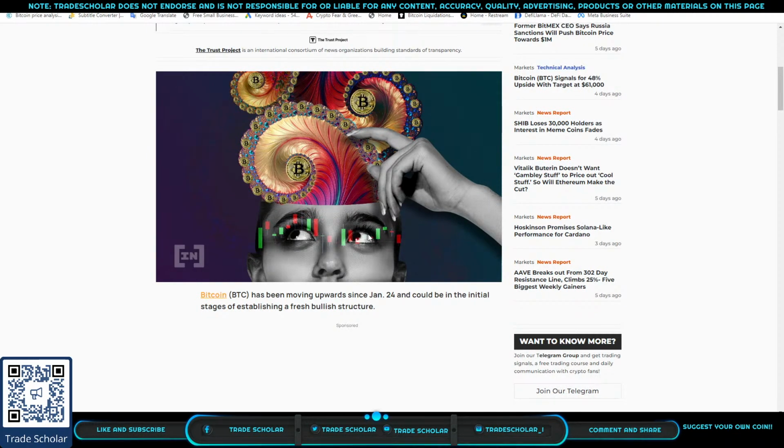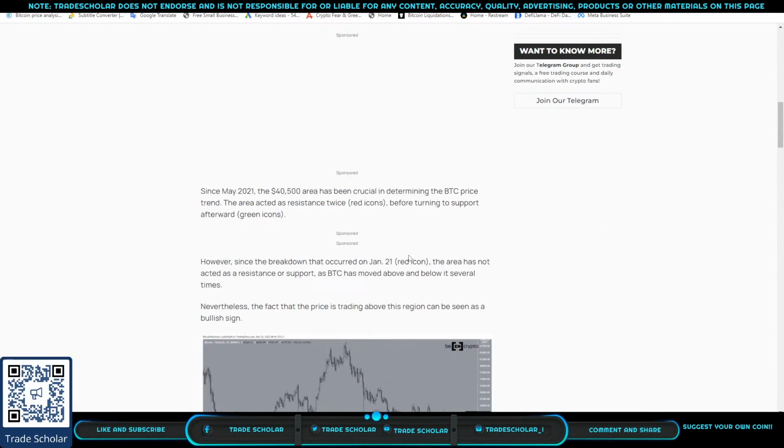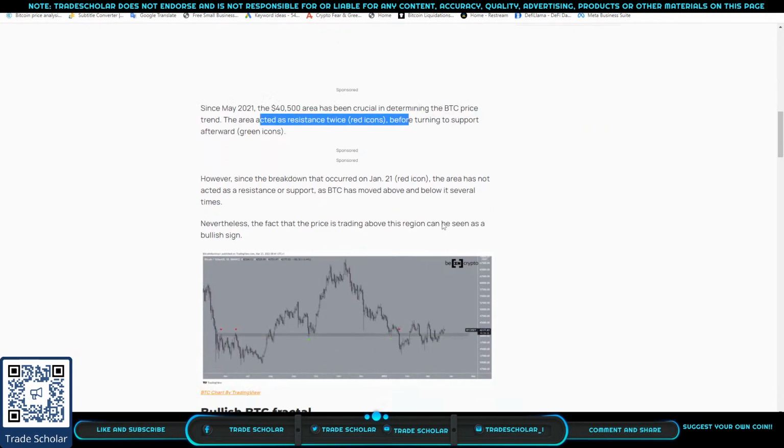BTC has been moving upwards since January 24 and could be in the initial stages of establishing a fresh bullish structure. Wow. Since May 2021, the 40,500 area has been crucial in determining the BTC price trend. The area has acted as resistance twice, red icon.